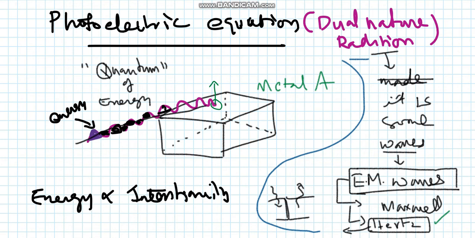Now if this electron needs to escape from that point, you could have just supplied energy continuously.